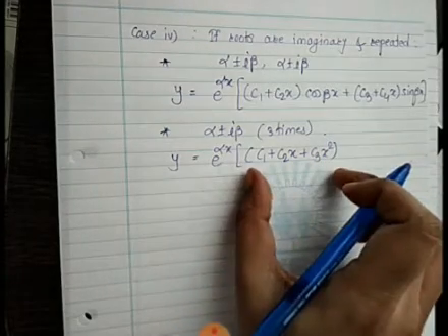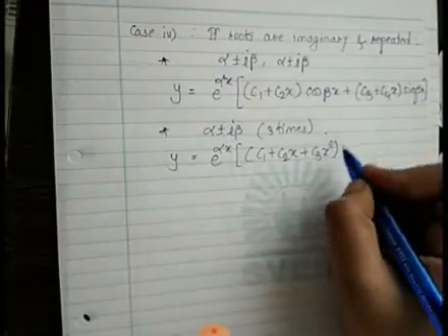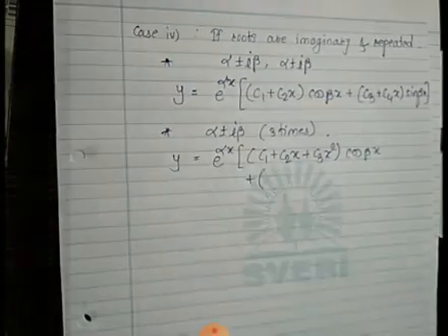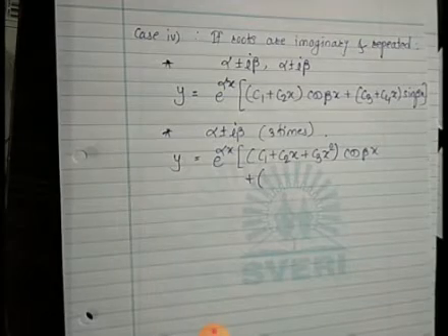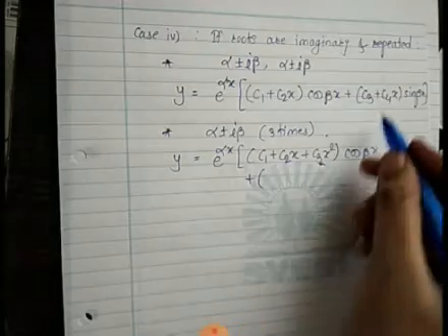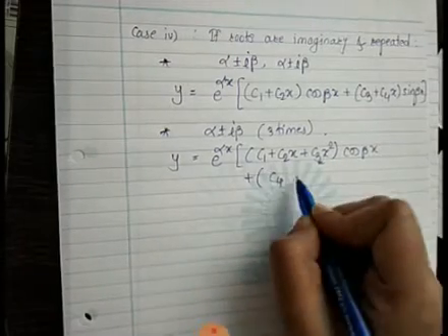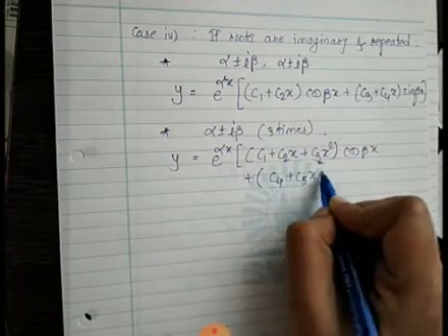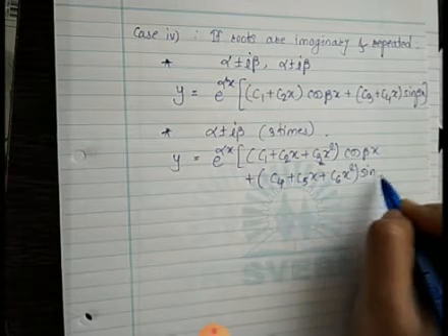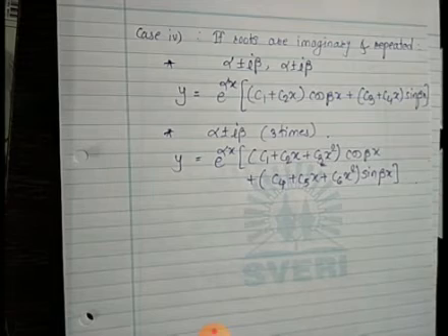Wherever is constant, there will be collection of 3 constants into cos beta x plus, next term, yes, C1 to C3 used. So you have to use next constant C4 plus C5x plus C6x square into sine beta x.